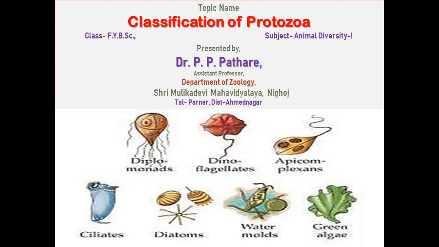Then we also took the information regarding types of reproduction, types of nutrition, their external body surface, that is formation of body. All these characteristics were studied in the previous video lecture.